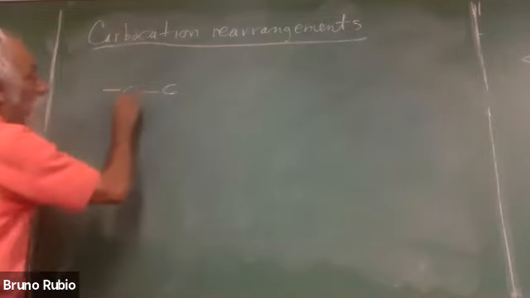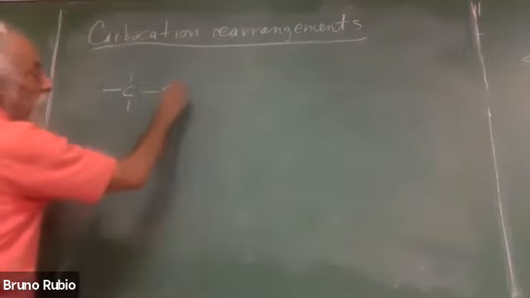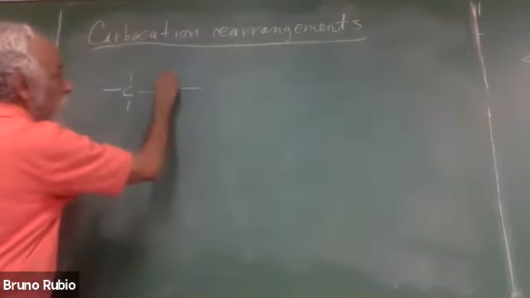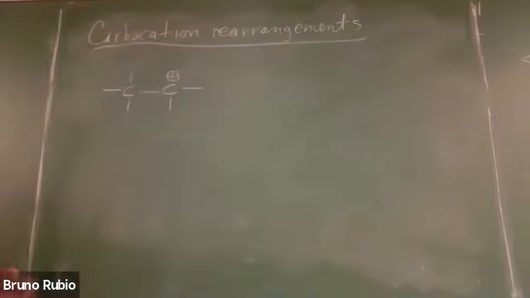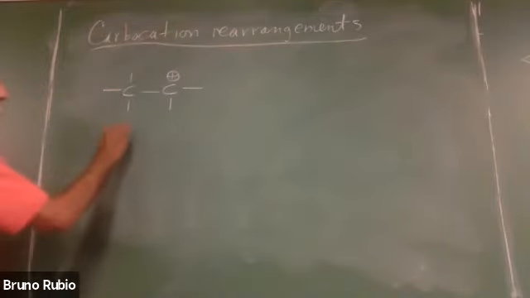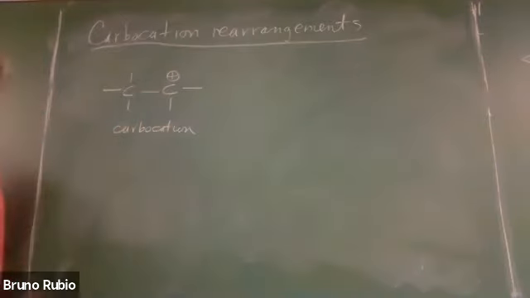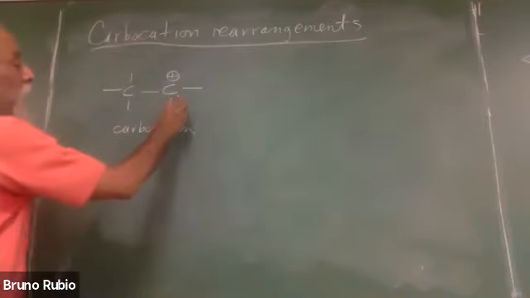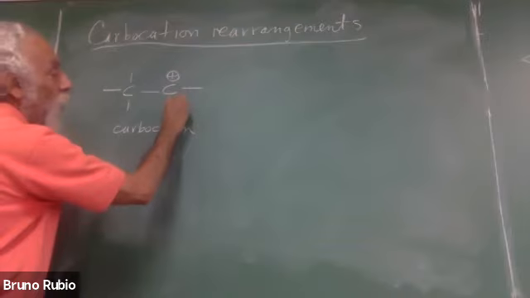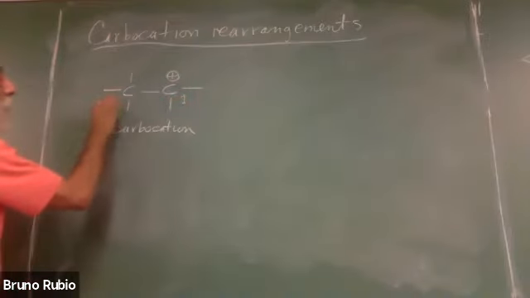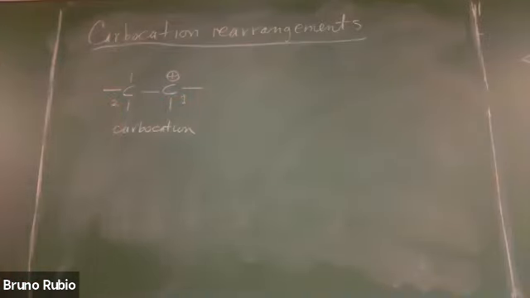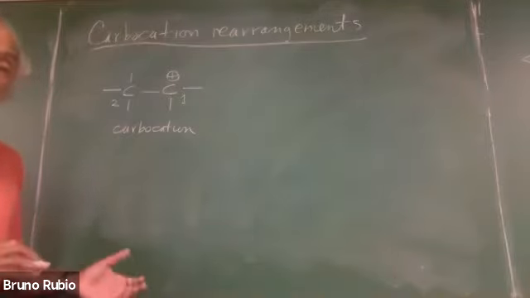Before a carbocation can rearrange, we have to have a carbocation. So there's my carbocation. The carbon that has the positive charge, I'm going to call carbon 1. The neighboring carbon is carbon 2. And some molecules can have up to 3 carbon 2s.